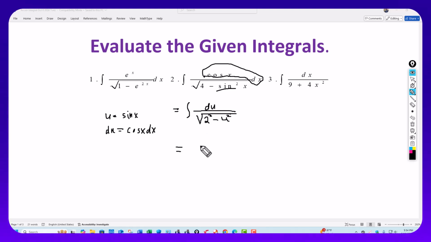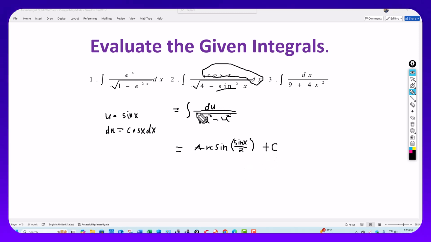Anything in this form would be arc sine of u over a. In our case, u was sine, and a squared is 4, so 2 would be the a. So this would just be arc sine of sine of x over 2 plus the constant of integration.